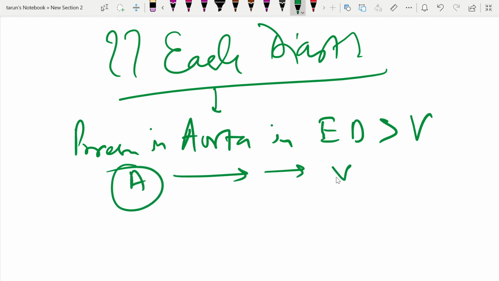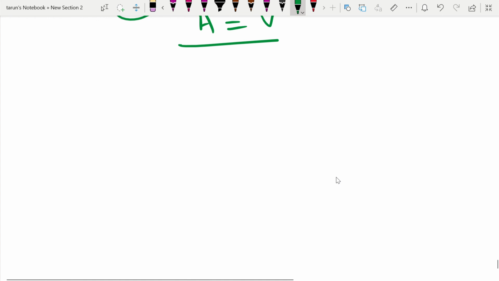Then in the middle of the diastole, the pressure becomes equal between aorta and ventricle, so it is not possible to have movement of blood across the valve, so there will be no murmur. This is why the murmur of aortic regurgitation is early diastolic.